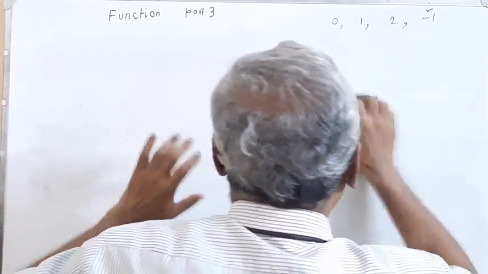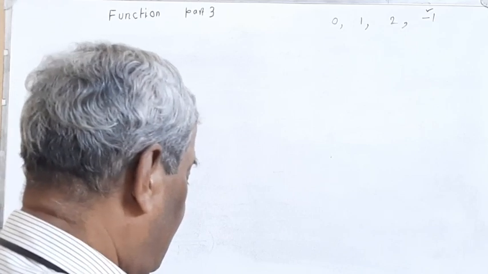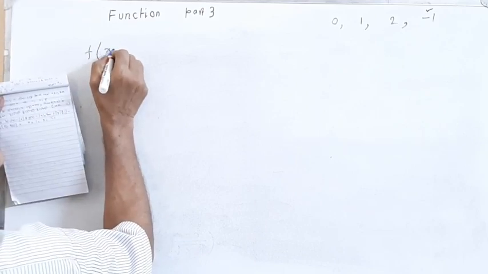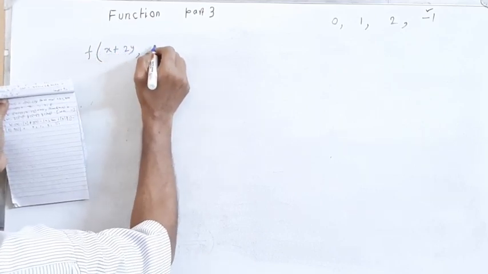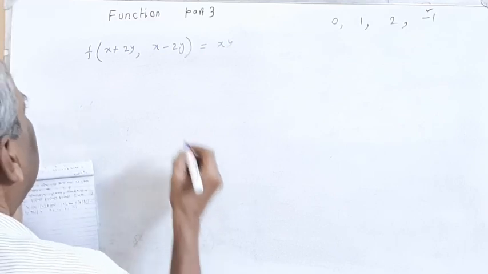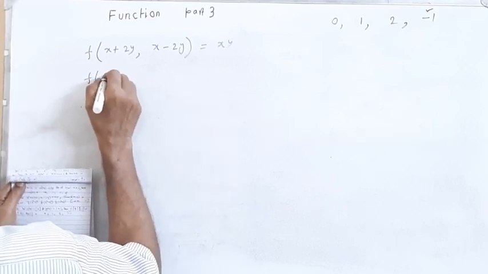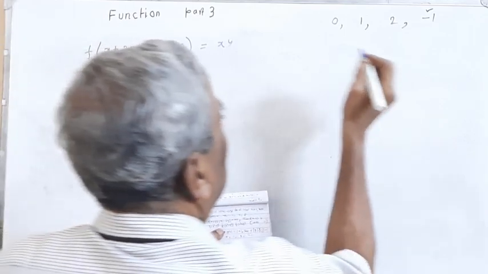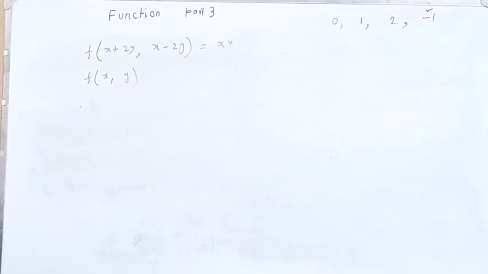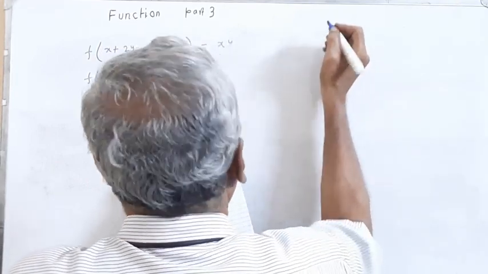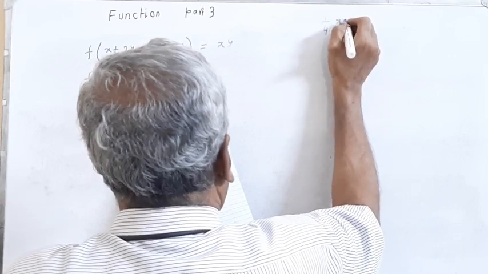Now, our next problem. If f of x plus 2y comma x minus 2y is equal to x into y, then the value of f(x, y) has options: 1/4 xy.